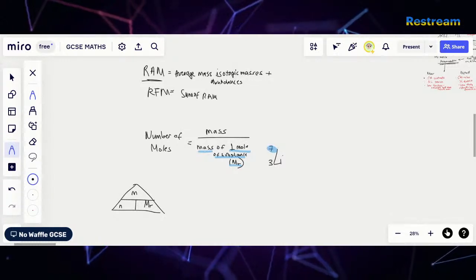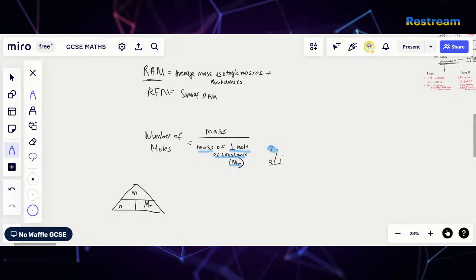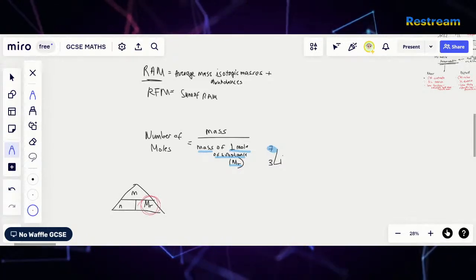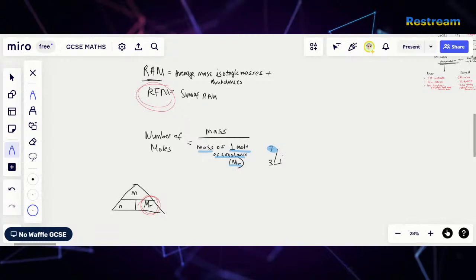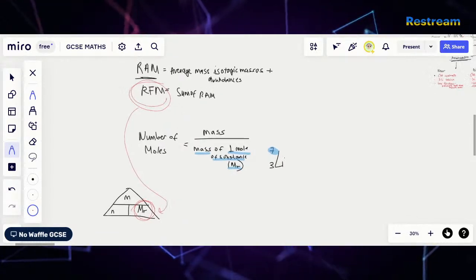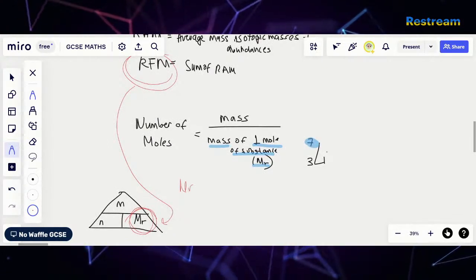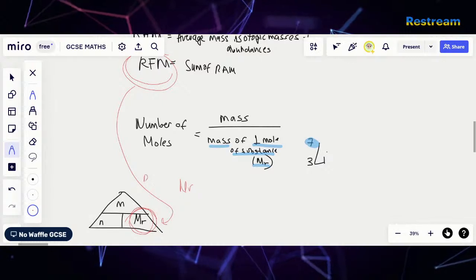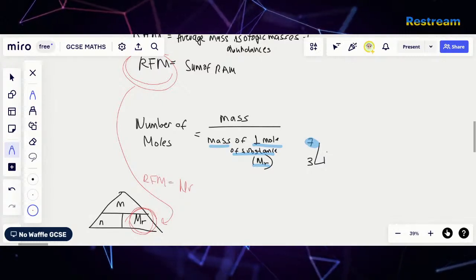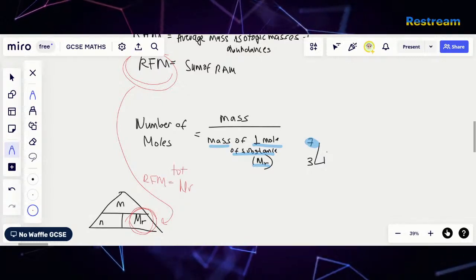Just so you note and don't get confused, the mass number is exactly the same as the relative formula mass of just one element. The relative formula mass is the total mass number of all of the elements added together.